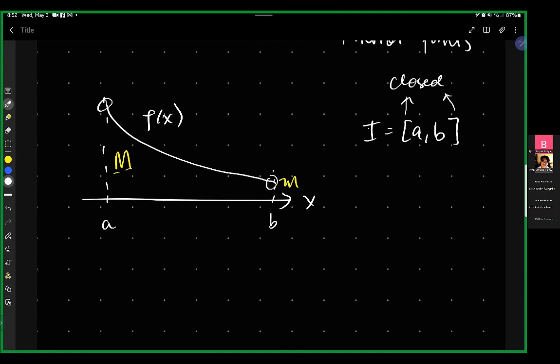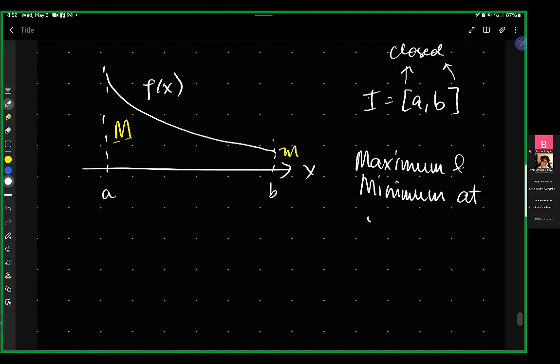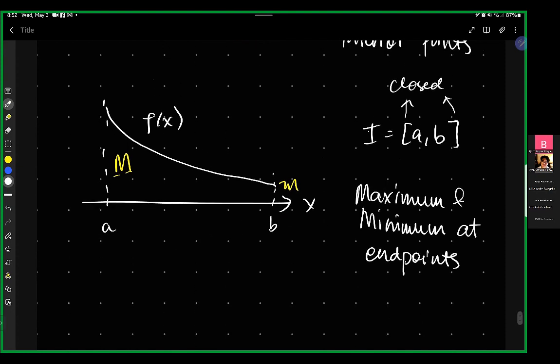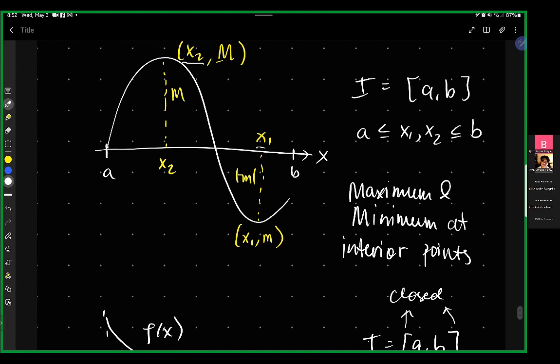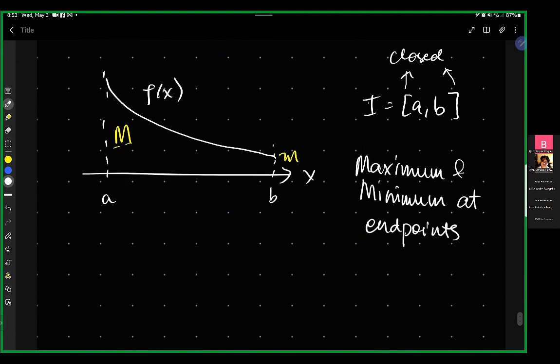And therefore, the maximum and minimum are found at the endpoints. So far what we have discussed is that we can find the maximum and minimum at interior points, or we can find them at the endpoints of the interval. So that's important.